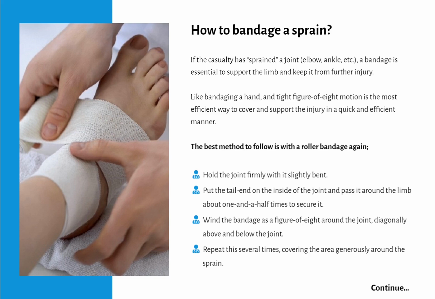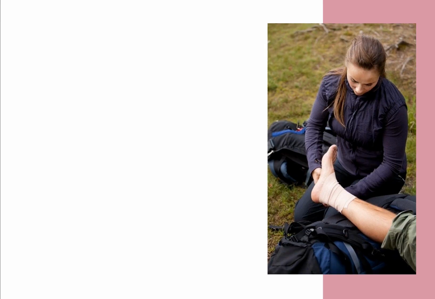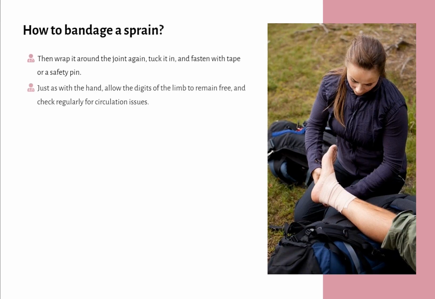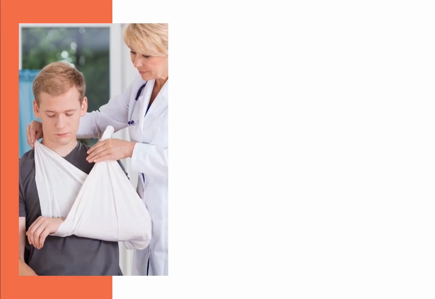Repeat this several times, covering the area generously around the sprain. Then wrap it around the joint again, tuck it in, and fasten with tape or a safety pin. Just as with the hand, allow the digits of the limb to remain free and check regularly for circulation issues.